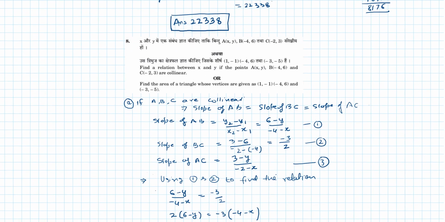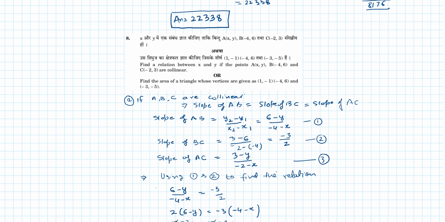Question number 8 is find the relation between x and y if the point A and B and C are collinear. अगर 3 पॉइंट कोलिनियर होते हैं तो इसका मतलब क्या है, इसका मतलब है लेट अस से ABC आर कोलिनियर. इसका मतलब है कि AB के जो स्लोप है इज इक्वल टू स्लोप ऑफ BC इज इक्वल टू स्लोप ऑफ AC, क्योंकि तीनों पॉइंट एक ही लाइन में लाई करते हैं, इसका मतलब उनकी स्लोप सेम रहेगी. तो वही प्रिंसिपल हमने यूज किया है.